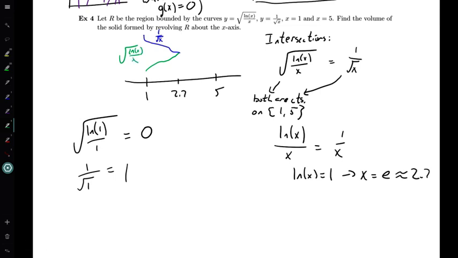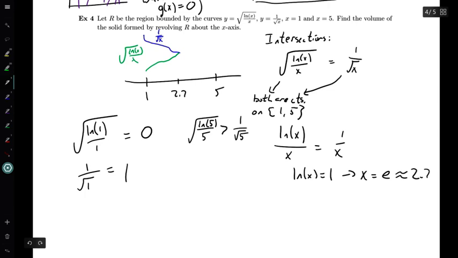After e, however, if we, for instance, try plugging in 5, so you compare root log 5 over 5 and you compare 1 over root 5, if you plug these into your calculator, this one ends up being larger. I guess we could say root log 5 over 5 is greater than 1 over root 5.